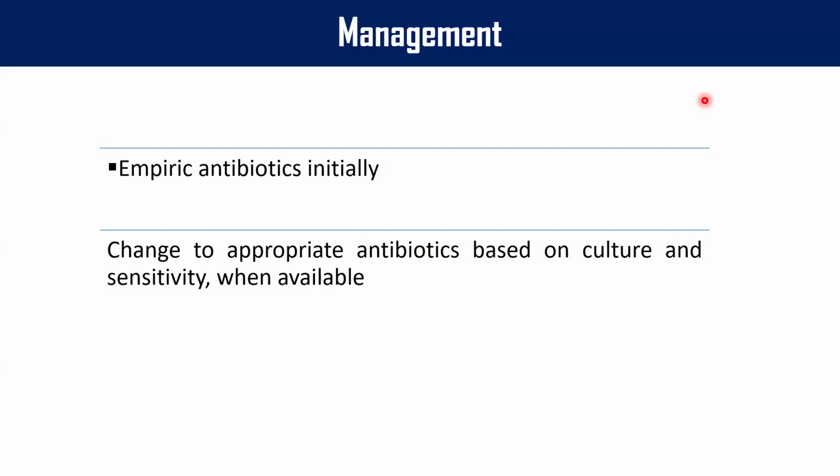Management: start initially with empirical antibiotics and change to appropriate antibiotics based on culture and sensitivity when available, or symptom-directed treatment or any other diagnosis you make. For example, dengue fever is managed based on that, with triage and fluid therapy, oral or IV depending on the triage. So it all depends on the diagnosis, but this is the general management of bacterial infection in children with a febrile syndrome.